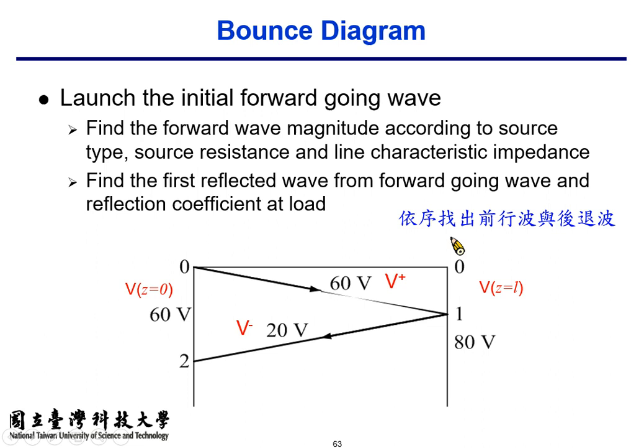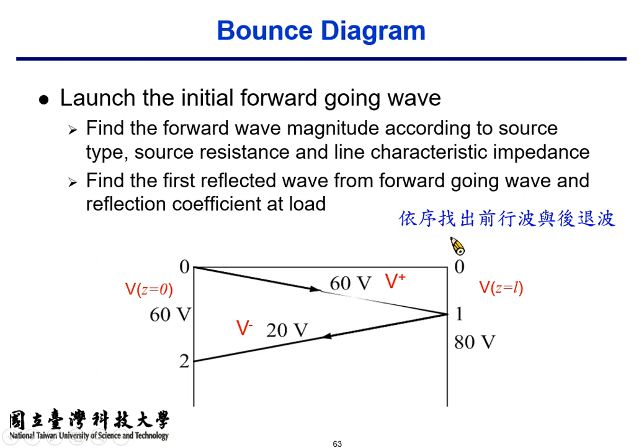Now, if t is smaller than 1 microsecond, the total voltage observed here is 0. And between 1 and 3 microseconds, the total voltage here is 80 volts. On the other hand, between 0 and 2 microseconds, the total voltage observed here is 60 volts.